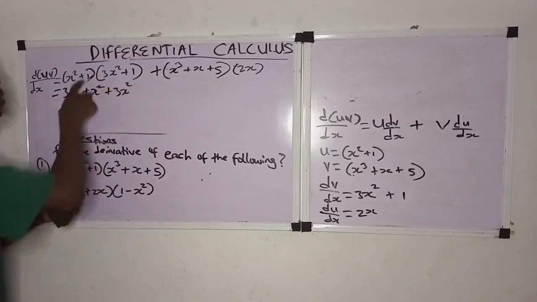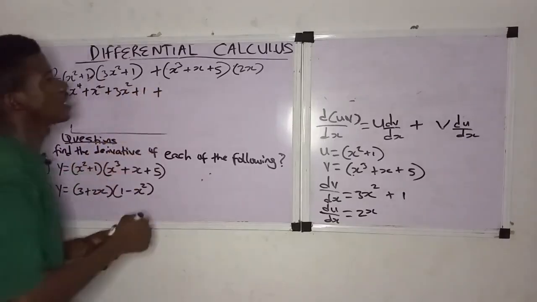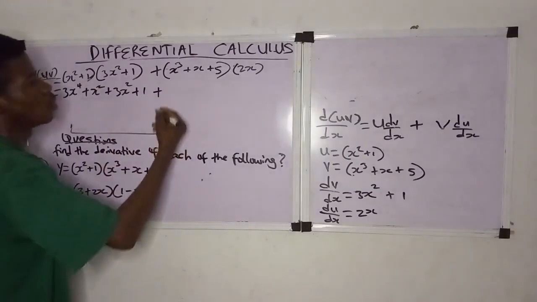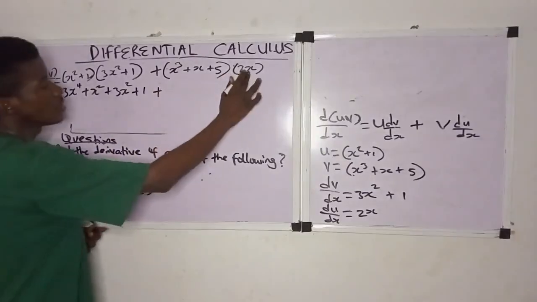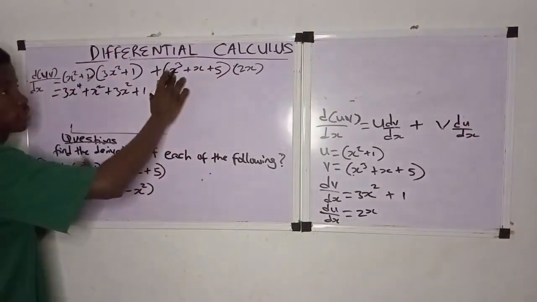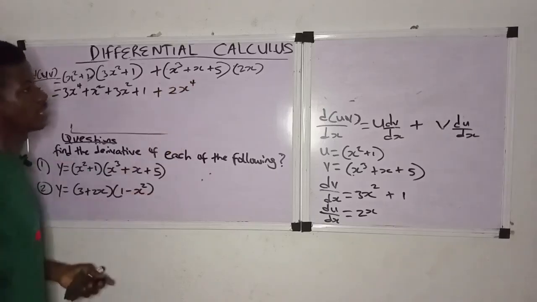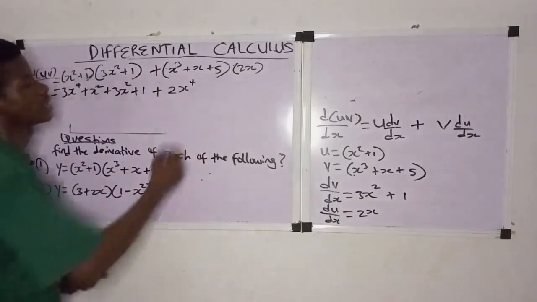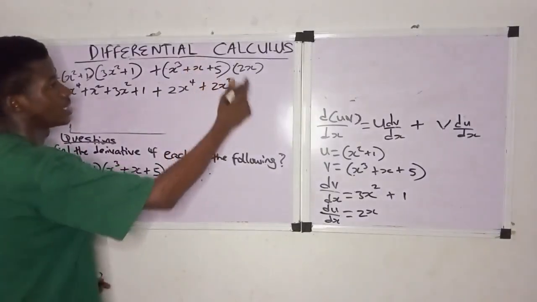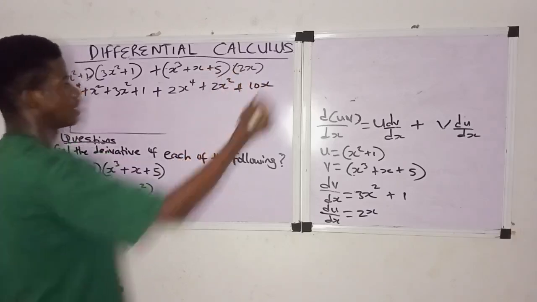Then 1 times 1 will give us 1. Then plus 2s times 3s squared, which is 2s times 3s cube, will give us 2s raised to power 4, right? Then plus 2s times s will give us 2s squared, right? Then plus 2s times 5 will give us 10s, right?